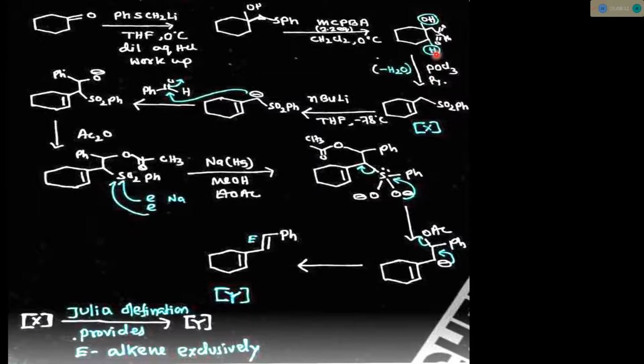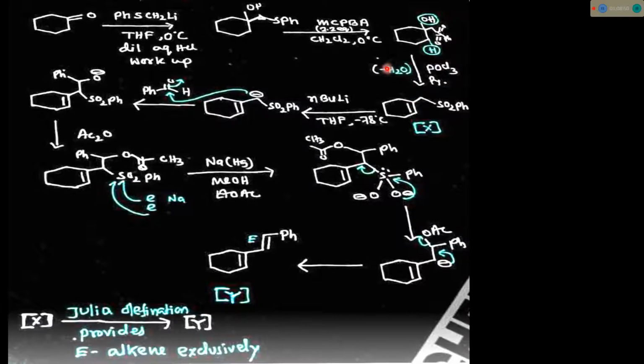Again pyridine abstracts this hydrogen, and there is obviously an anti-elimination. Obviously if we draw the chair form, then anti-elimination will occur. So this type of alkene will form.